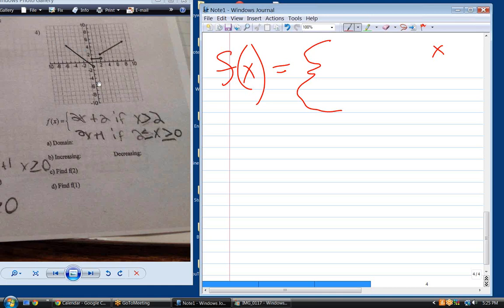Well, how is the domain defined for that part of the piecewise function? That's what this is over here, is defining the domain for each part. Oh, alright, so it's less than 0. In other words, we're going to start by describing our function wherever x is less than 0, because I can see that that's that whole thing. This piece is when x is less than 0. You see that? Okay.